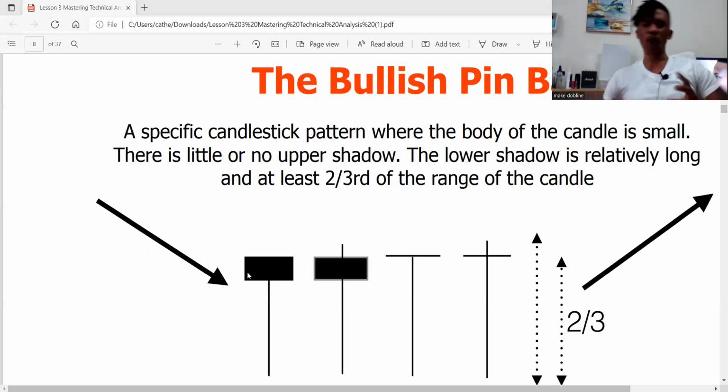But why do we call this a bullish pin bar? You have to ask yourself that question. Looking at this candle, what happens in this candle? How does this candle end up being this shape? Do you actually ask yourself those questions when you're trading the market?